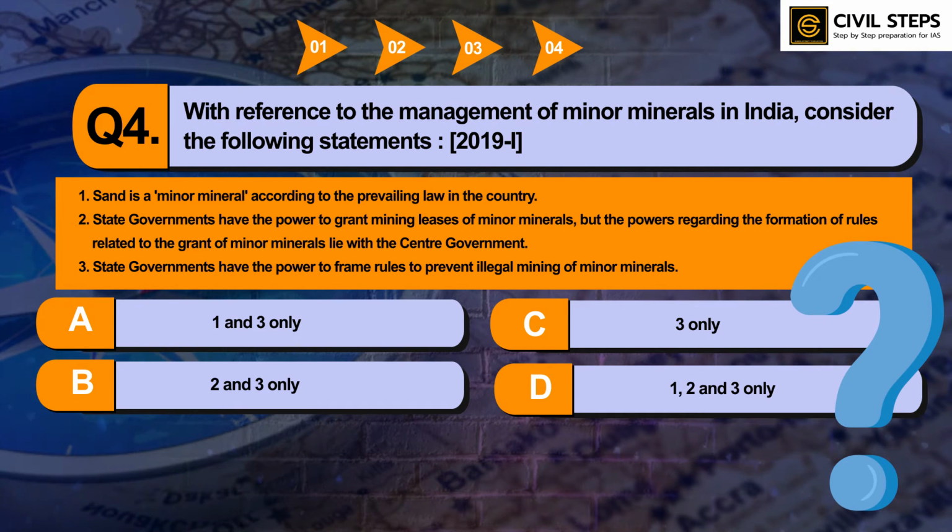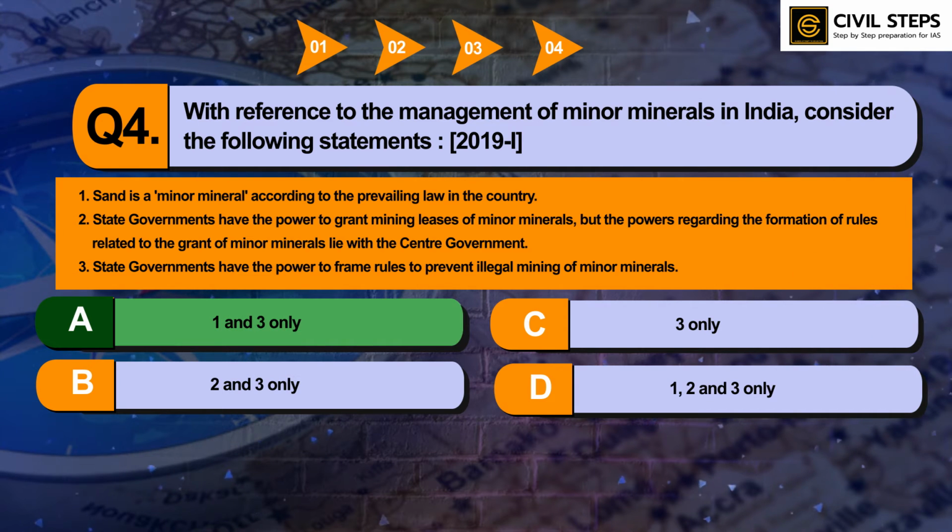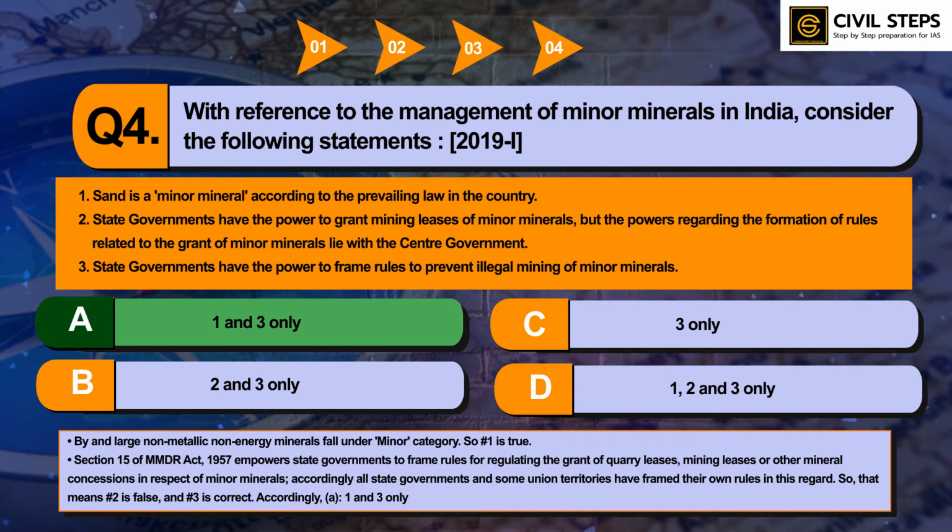The answer of this question is option number A, 1 and 3 only. By and large, non-metallic, non-energy minerals fall under the minor mineral category. So statement number 1 is true. Section 15 of the MMDR Act 1957 empowers state governments to frame rules for regulating the grant of quarry leases, mining leases, or other mineral concessions in respect of minor minerals.